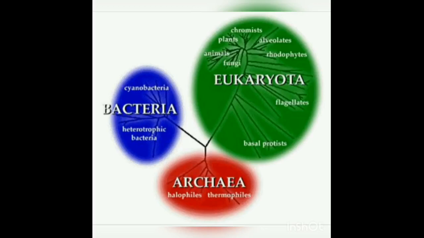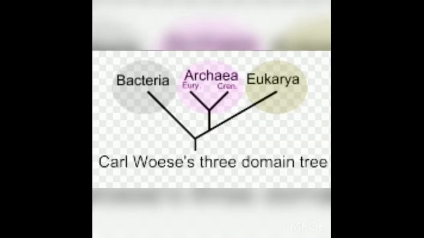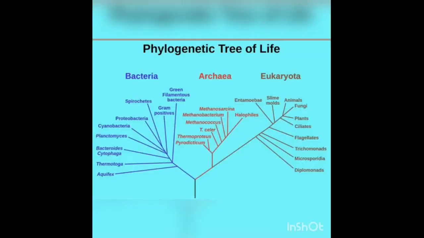The three-domain classification was proposed by Carl Woese in the year 1977 and by his co-workers. They classified organisms based on the difference in 16S rRNA genes. rRNA means ribosomal RNA.